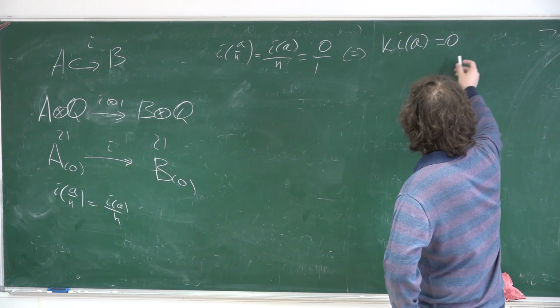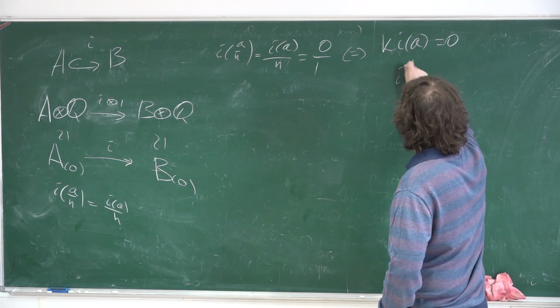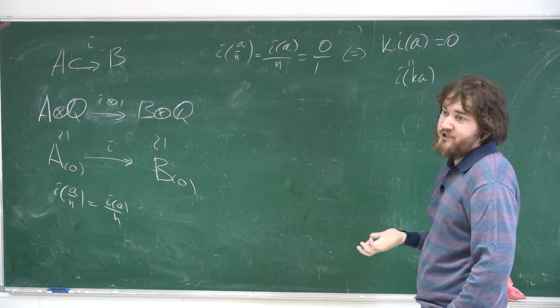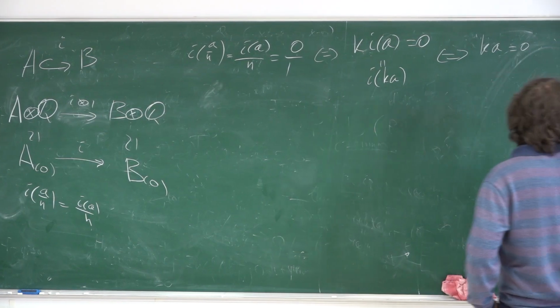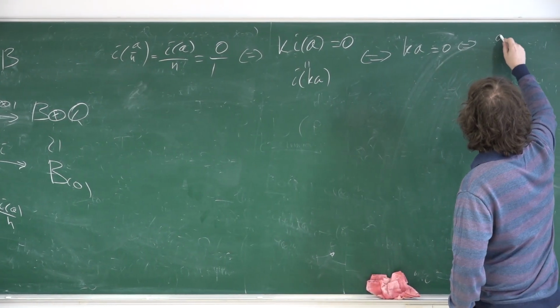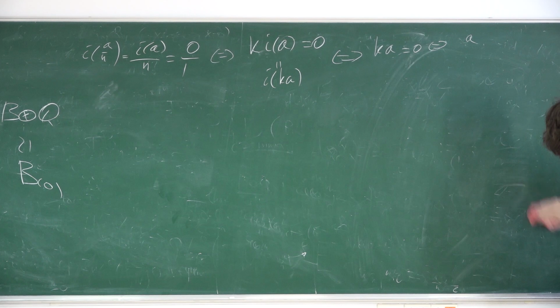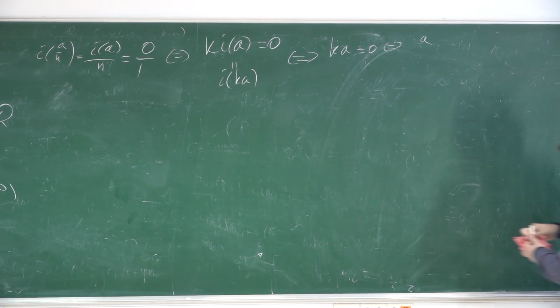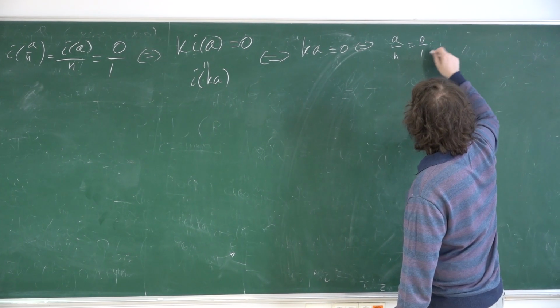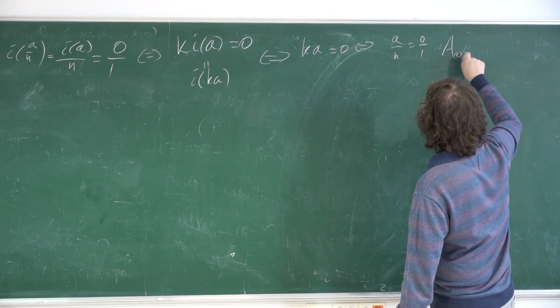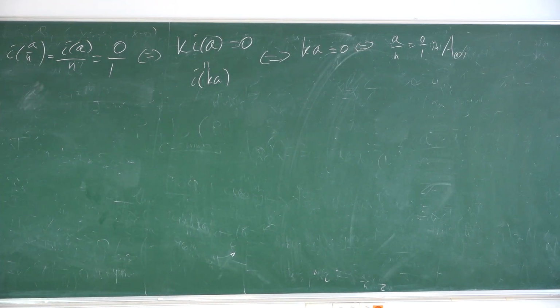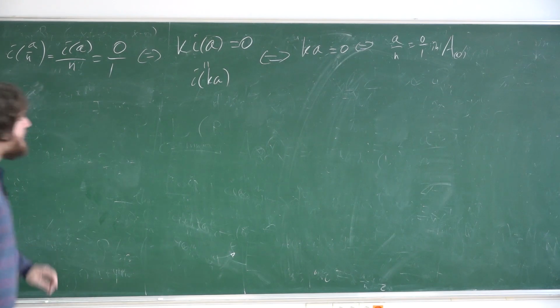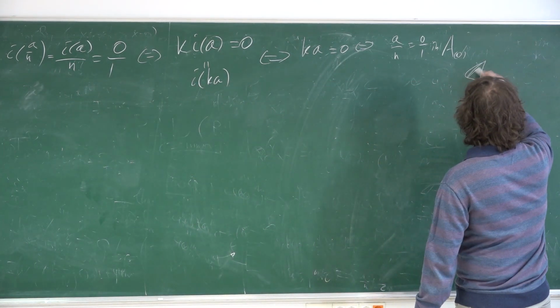So this is equivalent to this: I, K, A. And because I is injective itself, it's equivalent to say that K, A is 0 in A. But this is equivalent to saying that An is 0 in the localization of A. So my element is itself 0 in the localization. Maybe A is not 0, but it means that A is in torsion. Okay, that's the end of the proof.